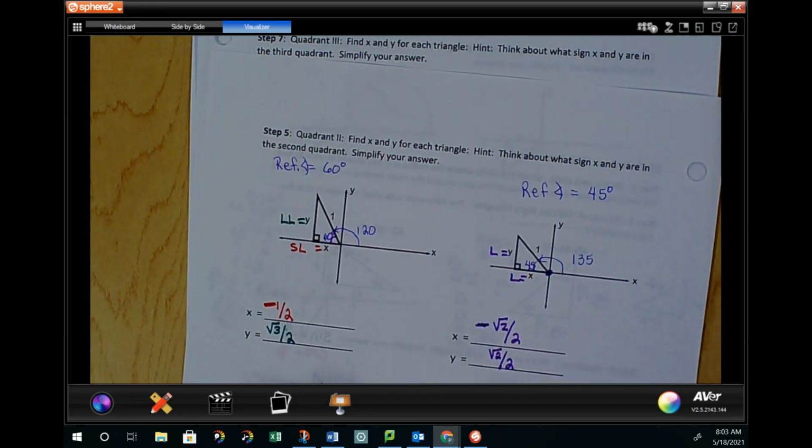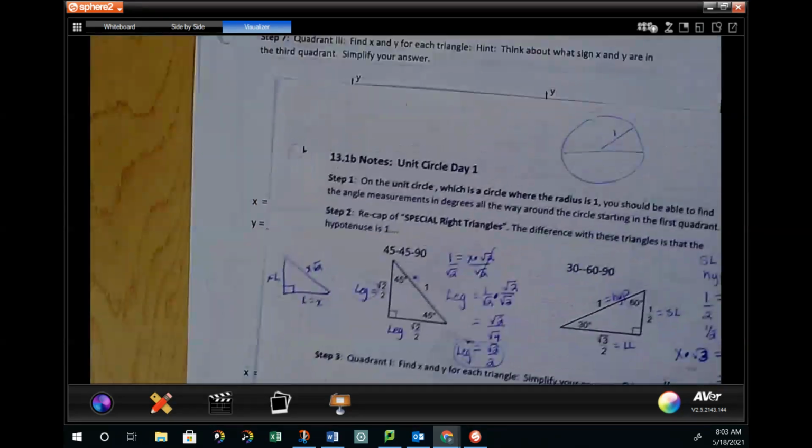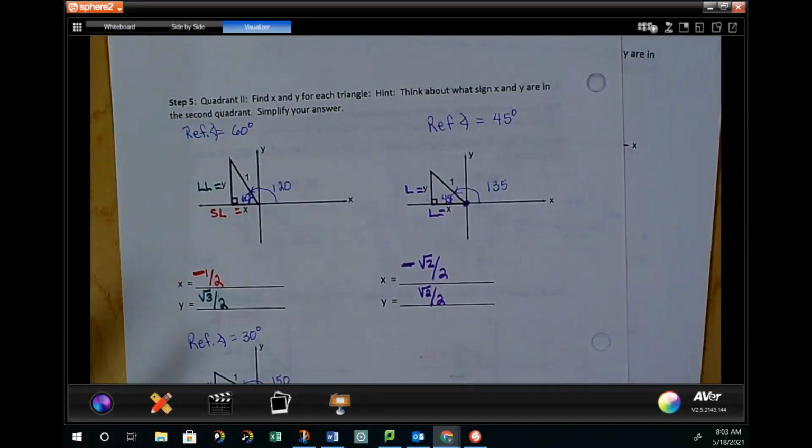So now we've got this one. This angle is 150 degrees. Your reference angle is 30 degrees. When we go back and look at that 30 degrees, your short leg was 1/2 and your long leg was square root of 3 over 2.